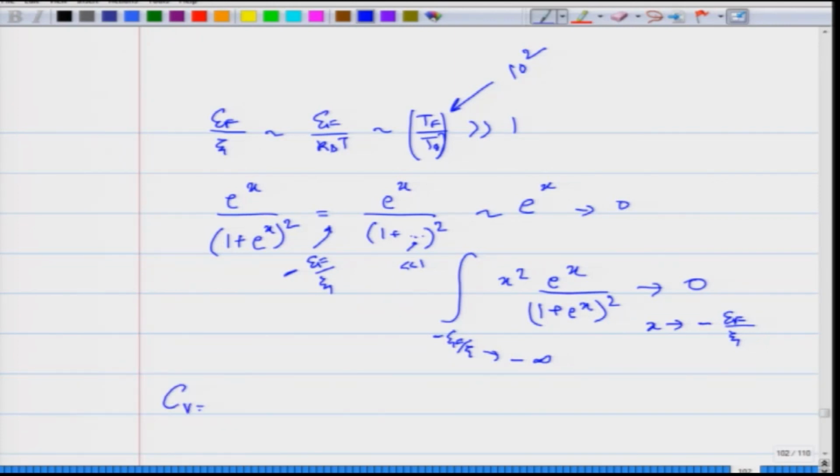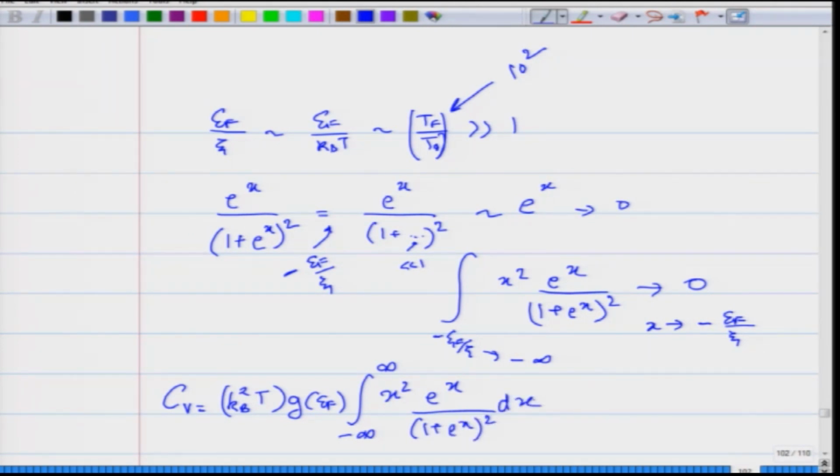So, instead of keeping the limits of integration from minus Ef by zeta, I will change it to minus infinity, and I do not make any errors by doing that, because I already see that at minus Ef by zeta the integrand is already contributing only zeros, and if I take it to minus infinity, even larger values, it will make it even further zeros. So, in this negative direction I can take it to minus infinity. So, kBT into g(Ef) integral minus infinity to plus infinity x square e raised to x divided by 1 plus e raised to x the whole square dx.